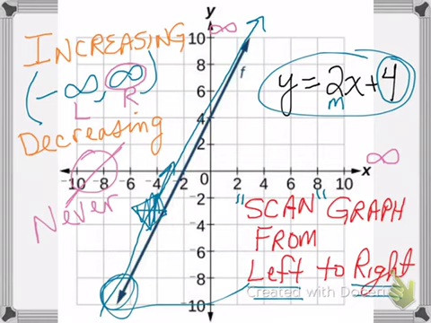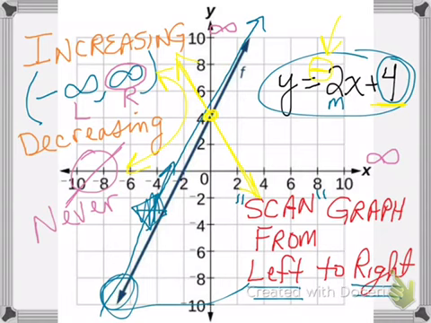Just a quick thing here without doing another graph, but if I were to put a -2 as a slope, the graph would be going down. Okay, the slope would be going downhill. The y-intercept would stay at 4, but the slope would be going downhill. In that case, these intervals would be flip-flopped. It would not be increasing at all.